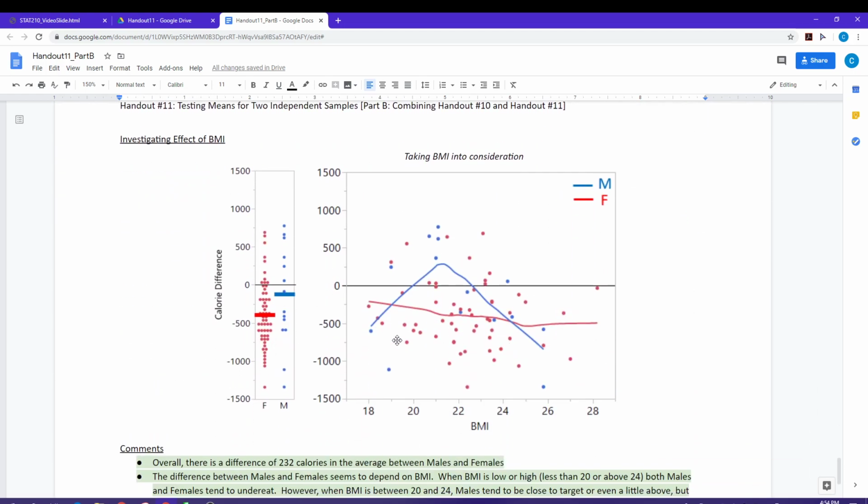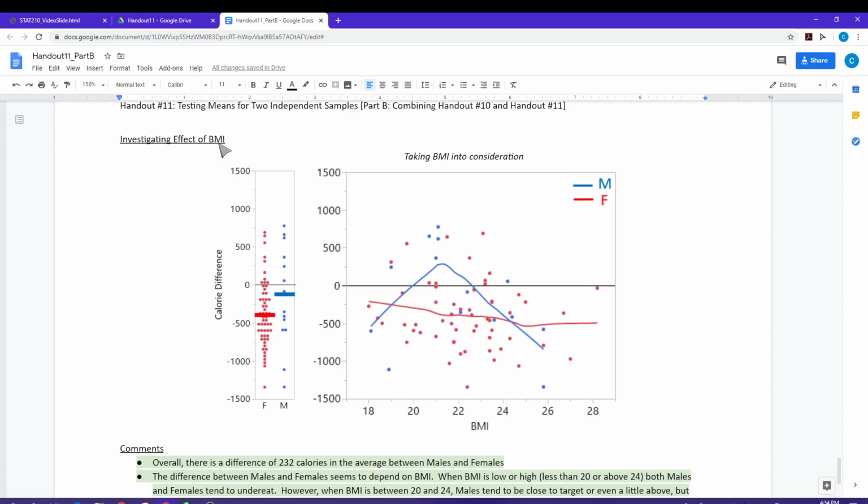Finally, let's quickly investigate the effect of BMI, in addition to what I've already been considering. So here on the left, I was looking at the differences in the amount of undereating between males and females. And here I put those two observations back in. So that's what that two sample t-test is going to do.